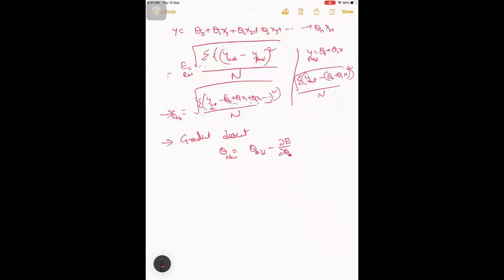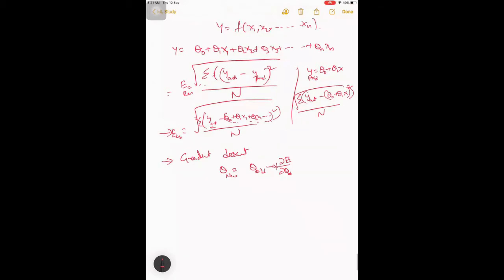We also have one more thing, which is alpha as a learning rate. We define this learning rate, and from this we update the theta. What we'll get from this are new values of theta naught, theta 1, theta 2, and so on till theta n.